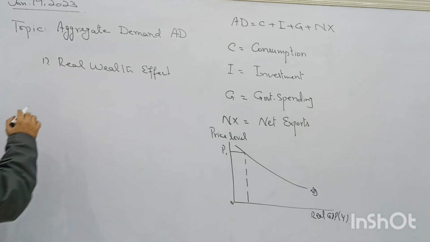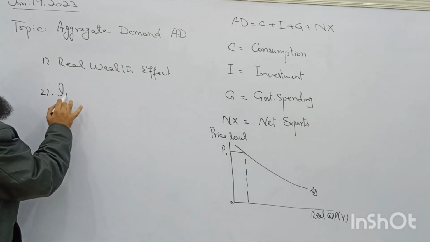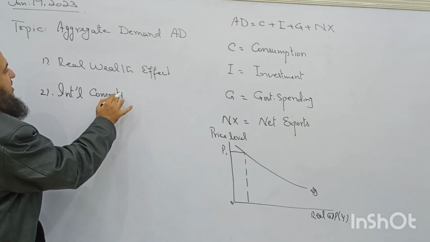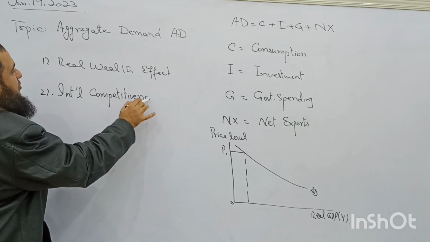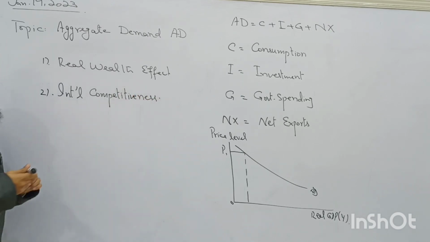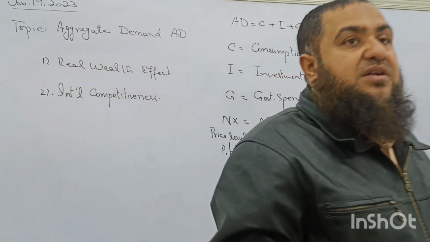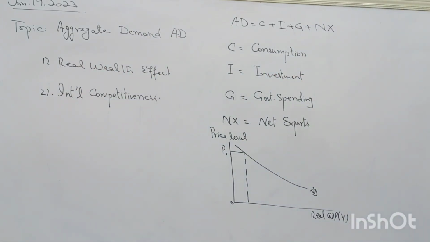Now, the second effect is international competitiveness. What do you mean by this, Isaac? When the general price level is increasing, our goods will become uncompetitive in the international market. They will face difficulties competing with rival products or substitutes produced by other countries that have lower prices.